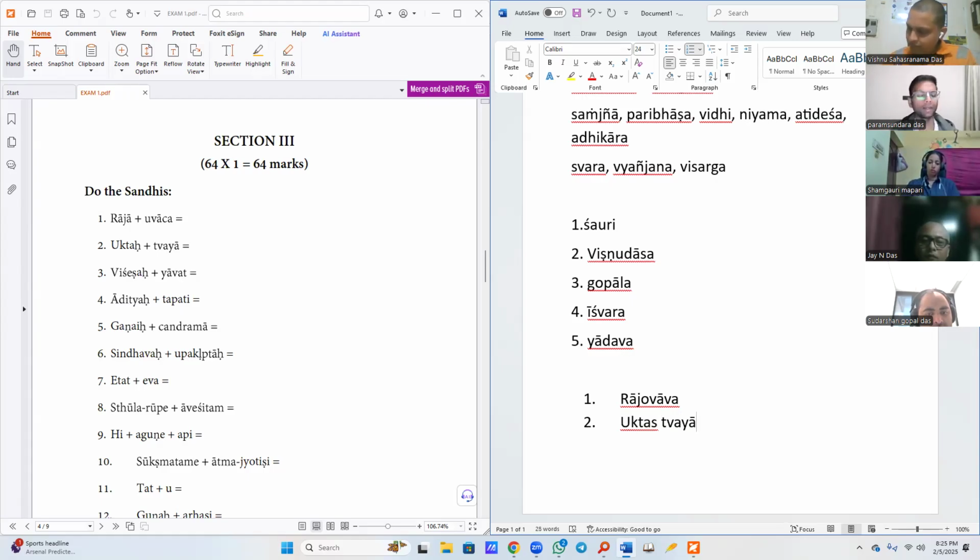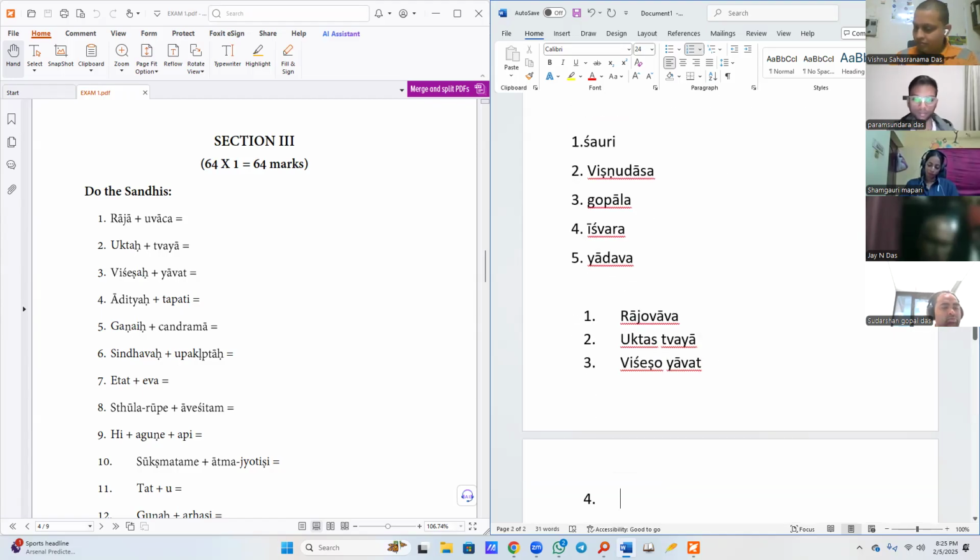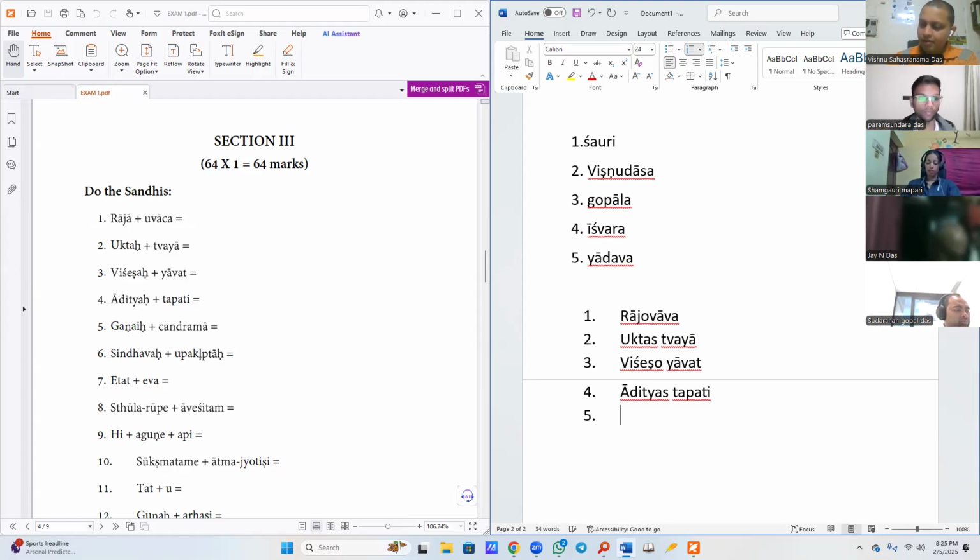In case you have any doubt in any particular sandhi, you can ask. Visheshah Yavat becomes Vishesho Yavat. Then Adityah Tapati becomes Adityas Tapati.